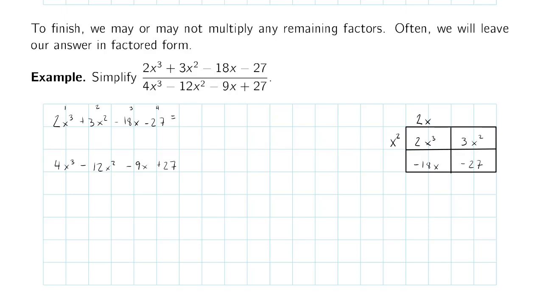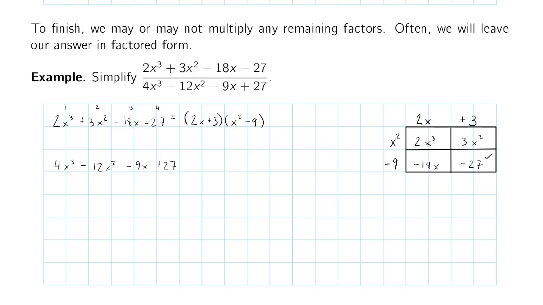That'll be 2x. What times x^2 gives me 3x^2? That'll be 3. What times 2x gives me -18? That'll be -9. -9 times positive 3 gives me -27. Yes, just as I hoped. So this factors as (2x + 3) times (x^2 - 9).